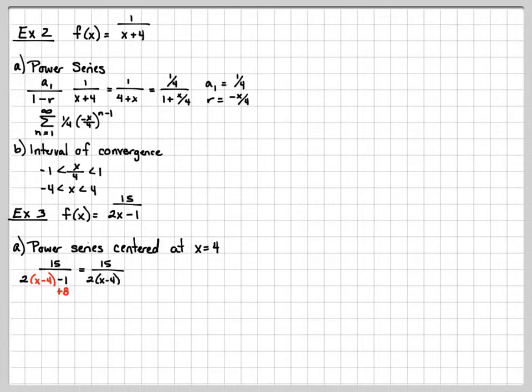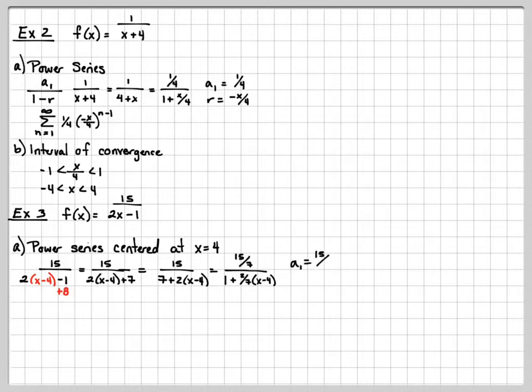So 15 over 2 parentheses x minus 4 plus 7 should be equivalent to 2x minus 1 in the denominator when you simplify it. And then we'll put the 7 in the front, 7 plus 2 times x minus 4. And then we'll make the 7 a 1: 15 over 7, 1 plus 2/7 times x minus 4.